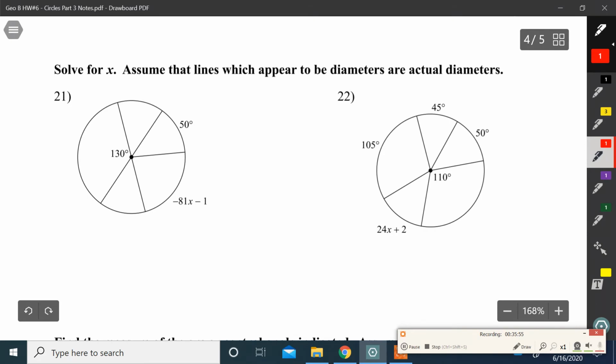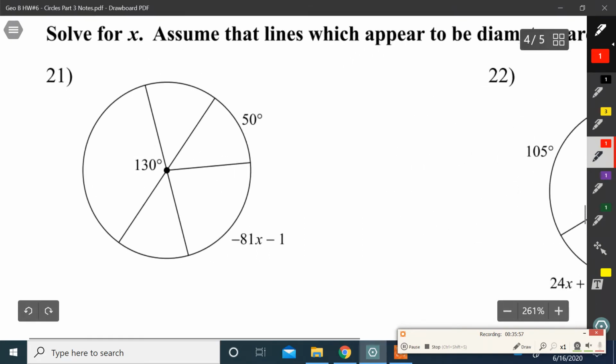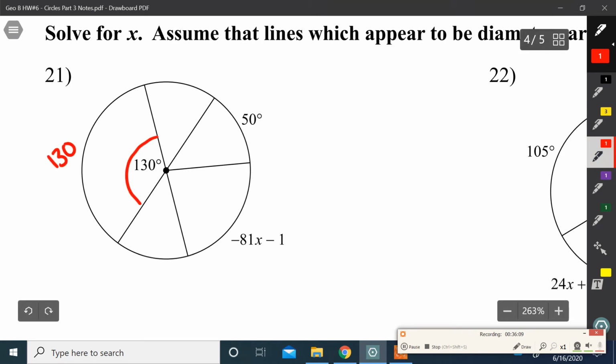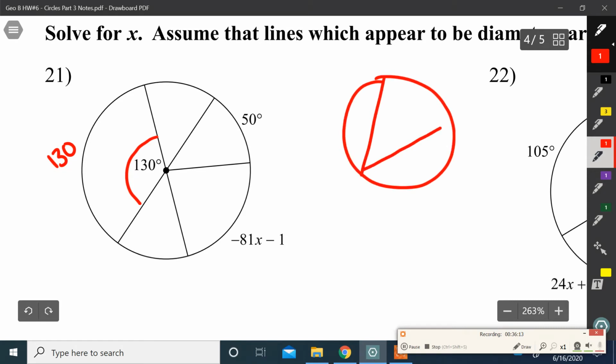Now let's go ahead and solve for x here. Something that you have to realize, guys, is that if this is 130, this is also 130. This is not the same as this. If this is 30, then that's 60.